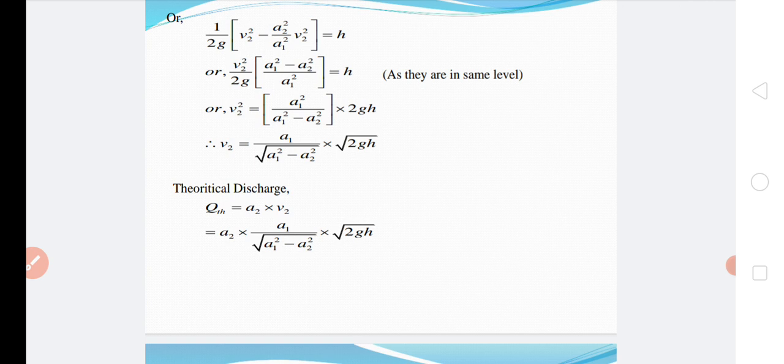We can easily find out the theoretical discharge, QTH equals A2 V2. Putting the value of V2, that is A2 into A1 upon root over A1 square minus A2 square into root 2GH.